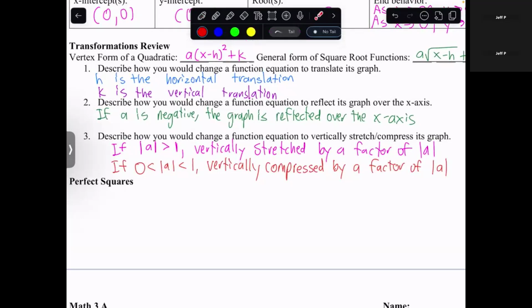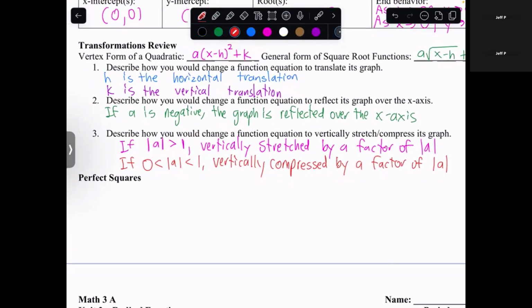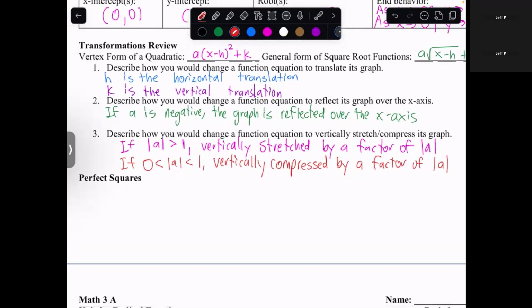Okay, so the next thing we want to do is make sure we know what a perfect square is. That'll be very useful for the next part. So let's define a perfect square. A perfect square is equal to an integer squared.